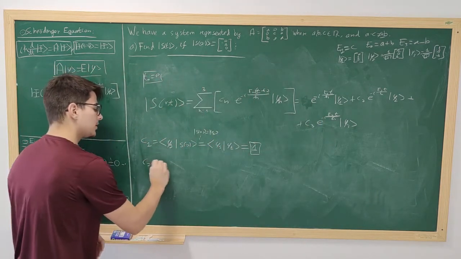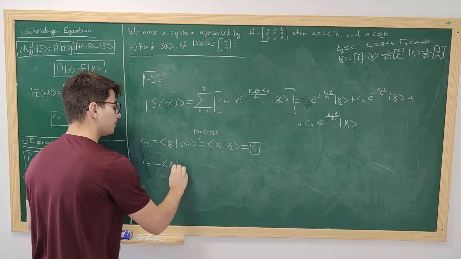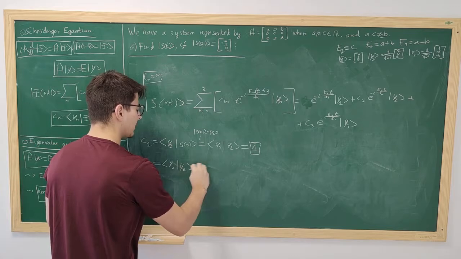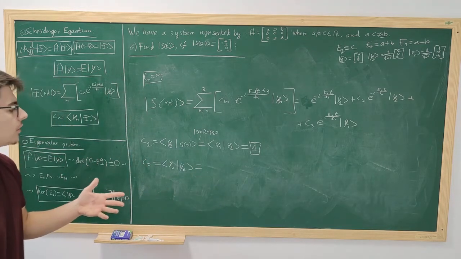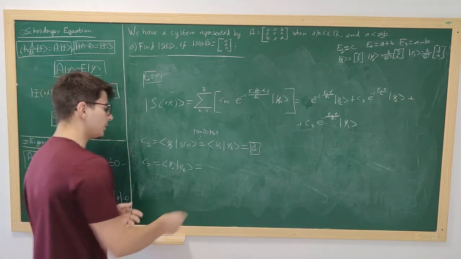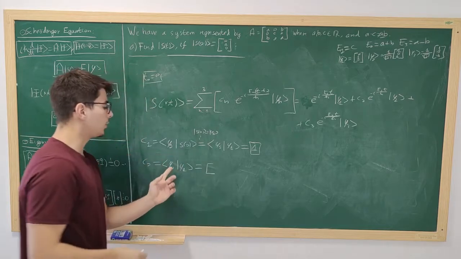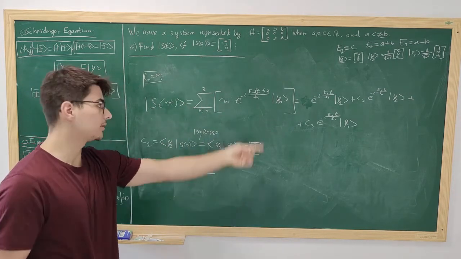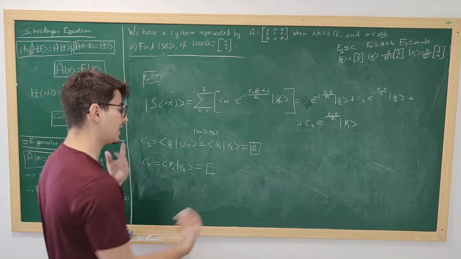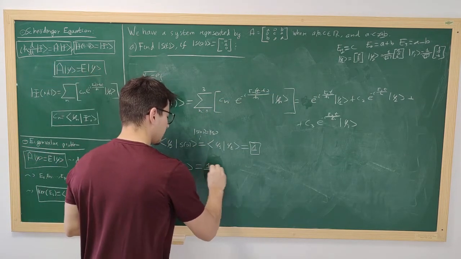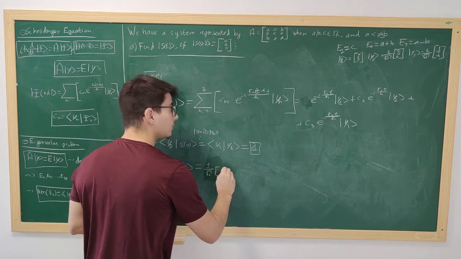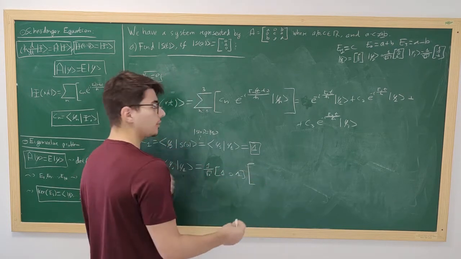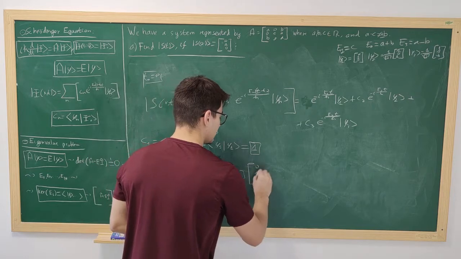Second one, C2 times phi 2 times, instead of s0, we can just write phi 1. As we said, they are orthonormal, right? So let me just do it really quick. When we have to do the dot product, instead of writing the column vector, first we write phi 2 as a row vector, 1 over square root of 2 times 1, 0, 1, times our column vector phi 1, 0, 1, 0.